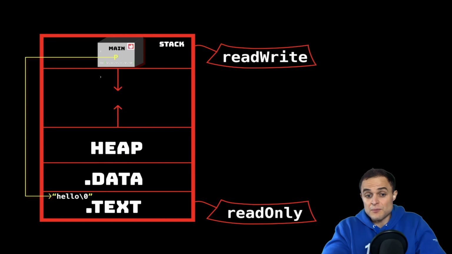To be specific, in my stack, I can read and write stuff. Namely, I can read and write inside my array string, because it is inside the stack. So I have the permission to change stuff that is inside this slot. On the contrary, my hello is in a slot in memory which is read only. I don't have the permission to touch stuff which is stored inside this place.